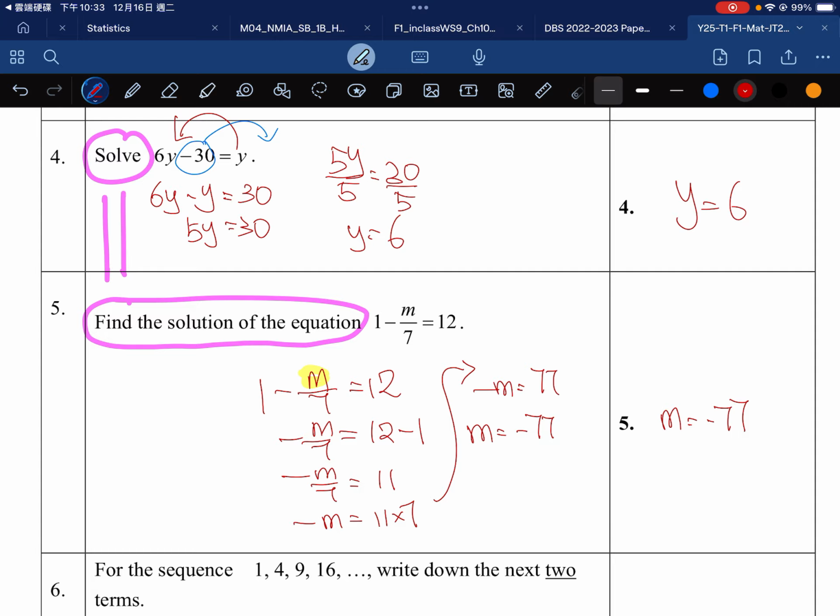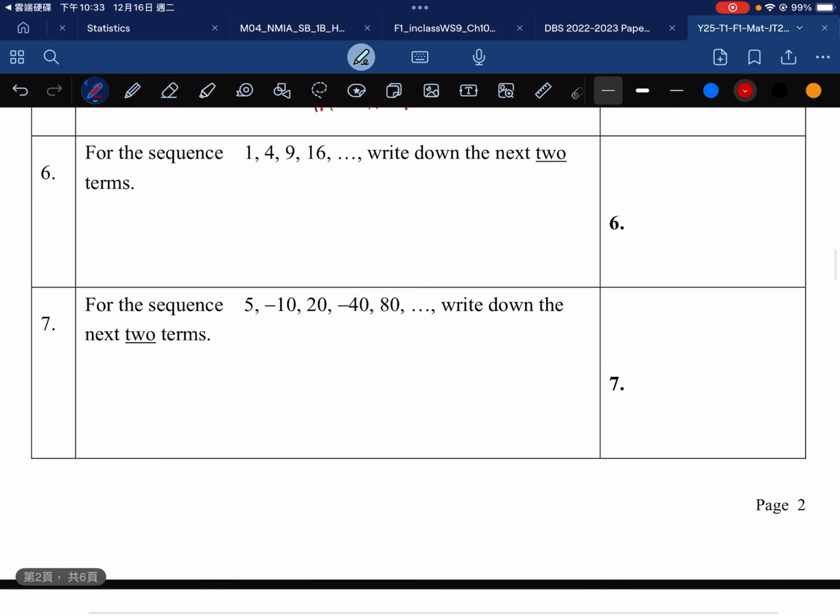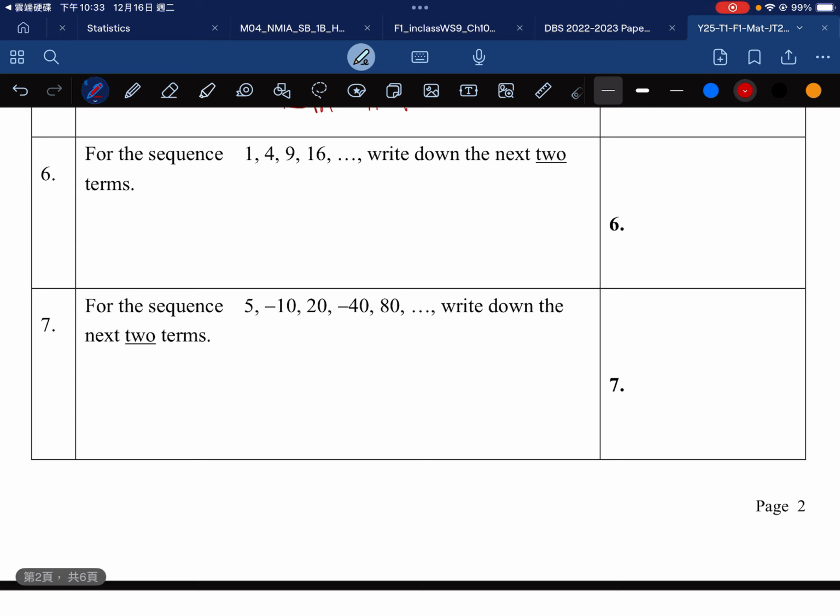And then questions 6 and 7 are problems about sequences. Most of the mistakes here come from overlooking the word 'two'. I already underlined the word, so you have to pay attention to why I underlined it. It's something different: not the next term, but the next 2 terms.